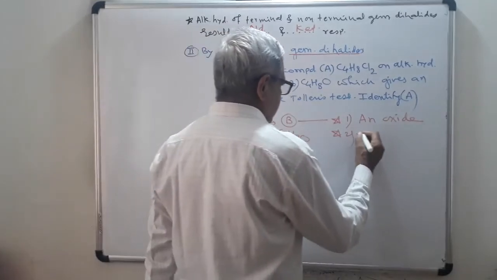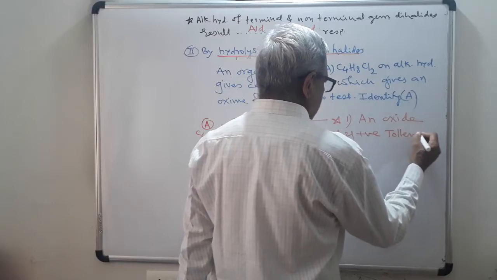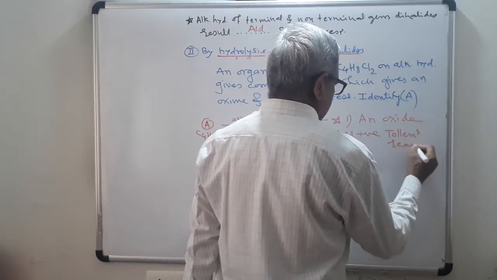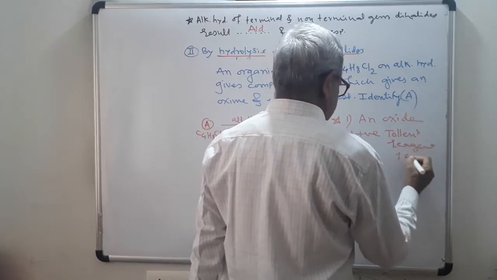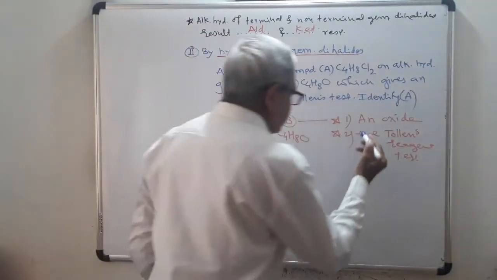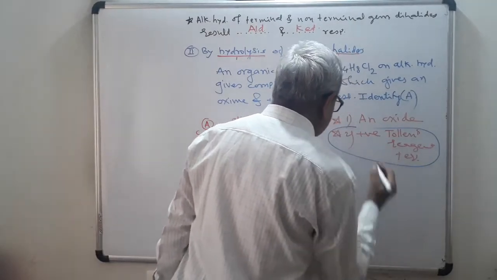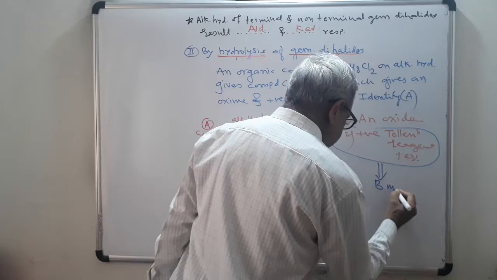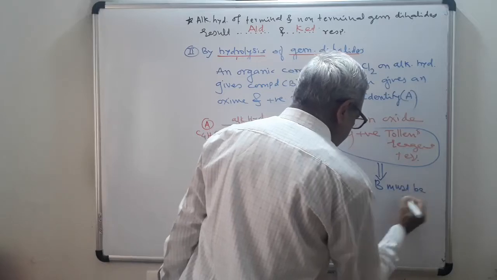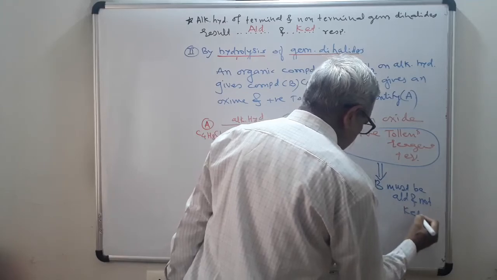Also it gives a positive Tollens reagent test. Now see, the second test indicates that the compound B must be aldehyde and not ketone.